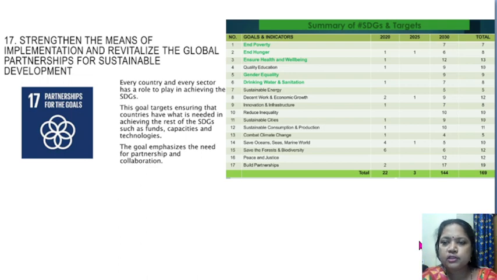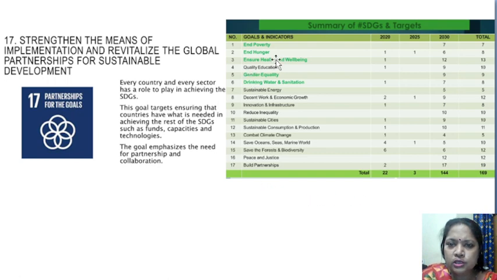On the right side there is one table, that is the summary of sustainable goals and targets. So my dear viewers, students, you can go to this particular table and remember it easily. Okay, so goal number 1, here it is written as end of poverty, and in this there are a total of 7 targets, because I told you that there are 17 goals and in total 169 targets, isn't it?